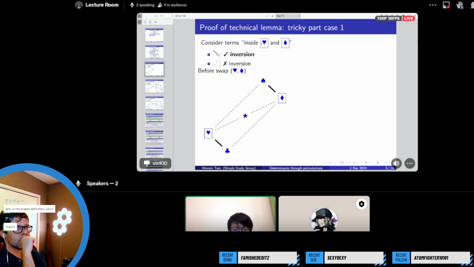And then after that, we will consider the terms inside these two numbers to be swapped. Here there are three cases. This is the value that is below the two blue values.